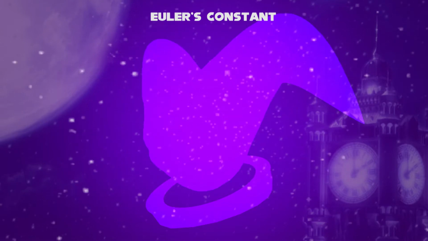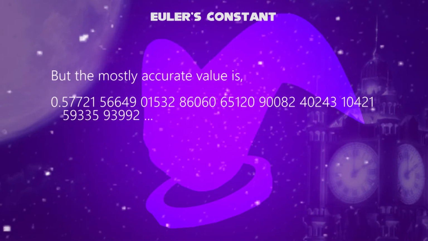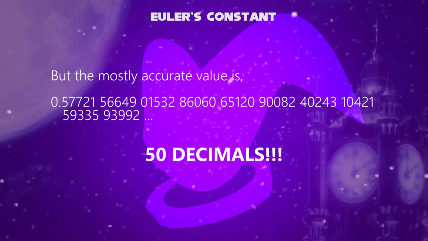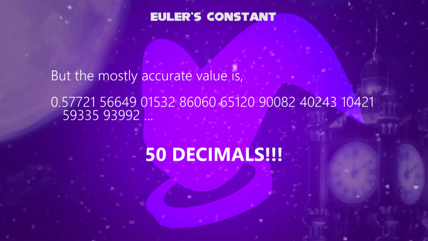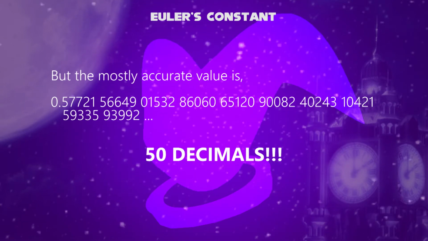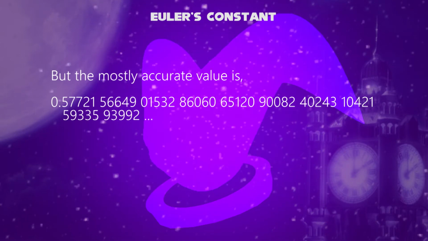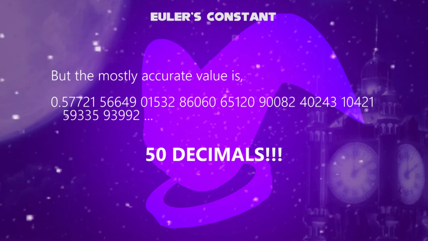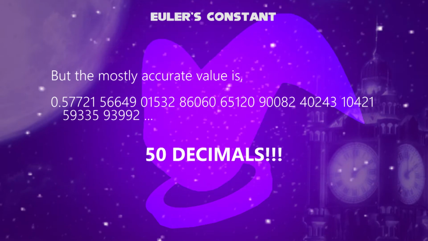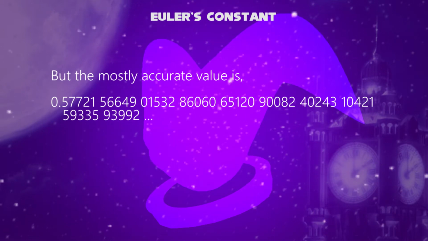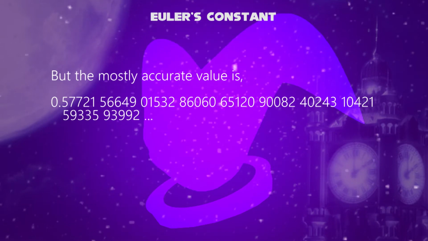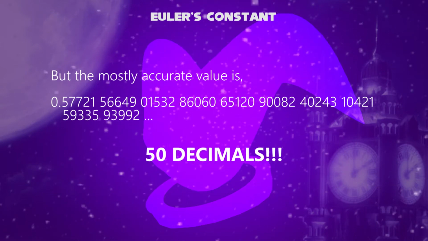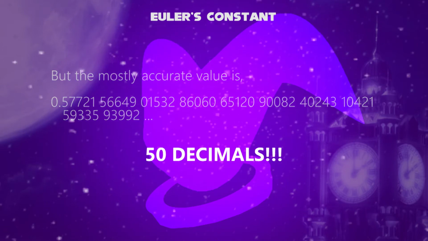But the web users believe that Euler's constant is handled up to 50 decimals: 0.57721566490015328600605120431059335933992. This is 100% accuracy. As you can imagine, the sequence goes on to the millionth, billionth, trillionth decimal and so on.